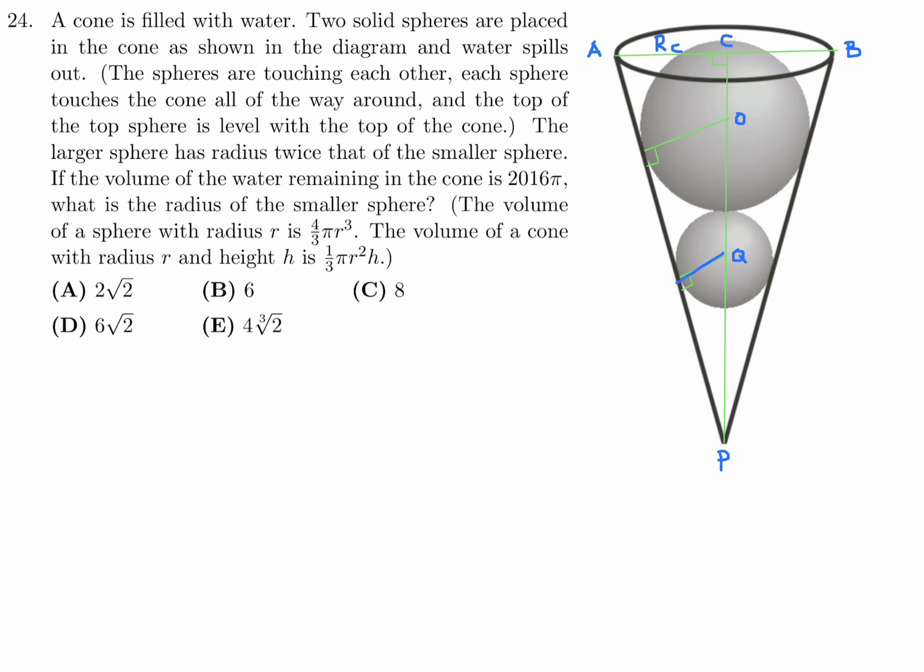This is the radius of that small sphere, we'll just call it r, and these are the radii of the large sphere, and they told me that the radius of the large sphere is twice that of the smaller sphere, so I can write 2r here and 2r.